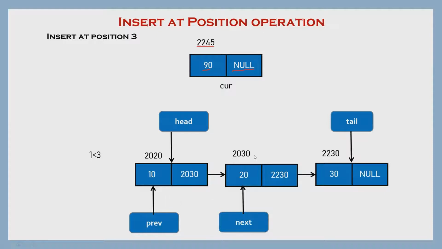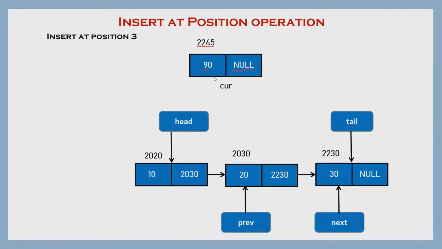Now this is the previous node and this is the next node. Now similarly, the counter will be incremented by 1. For the next step, the counter is incremented to 2.